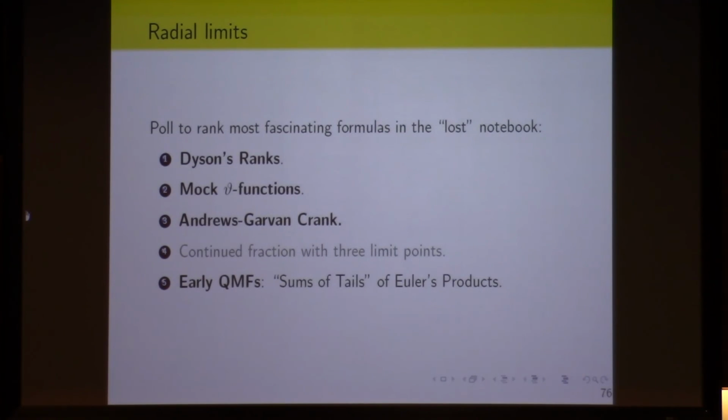And interestingly, we were able to incorporate 4 of the 5 favorite topics of Ramanujan's works in our one theorem, connecting quantum, Mock, modular, and combinatorial series: ranks, Mock theta functions, cranks, and some predecessor to quantum modular forms.